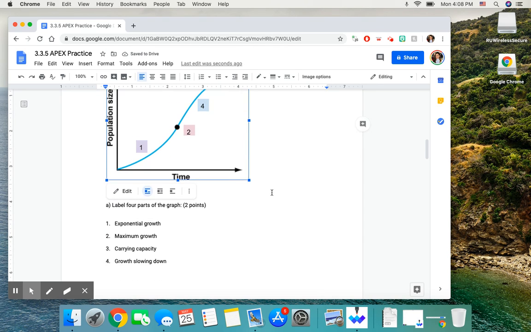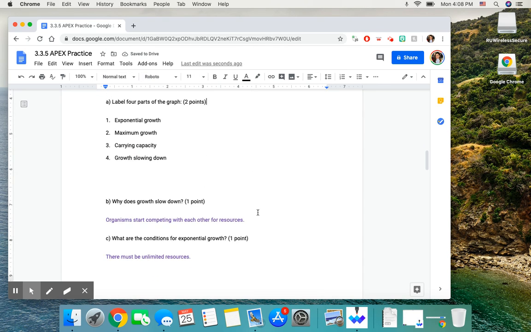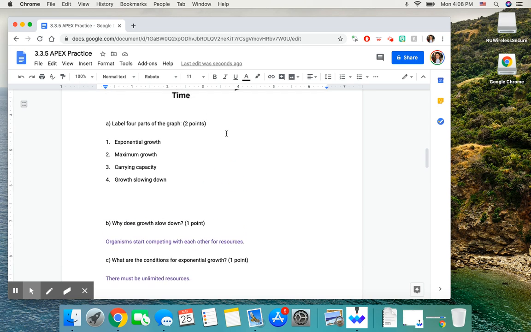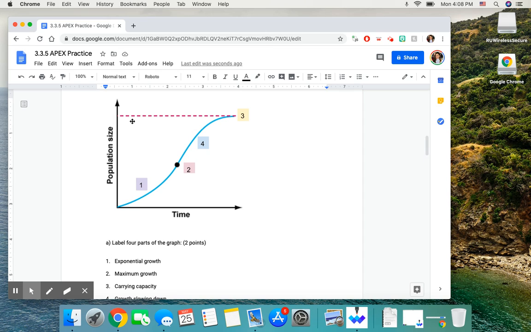Okay, so that's how you're going to do this question. So a follow-up on that is, why does the growth slow down? So think carrying capacity means this is the amount of resources available for a population that they could survive on. So as they reach the carrying capacity, the total amount of resources, the population is going to start decreasing because they're hitting that point where there's not going to be enough resources for them.